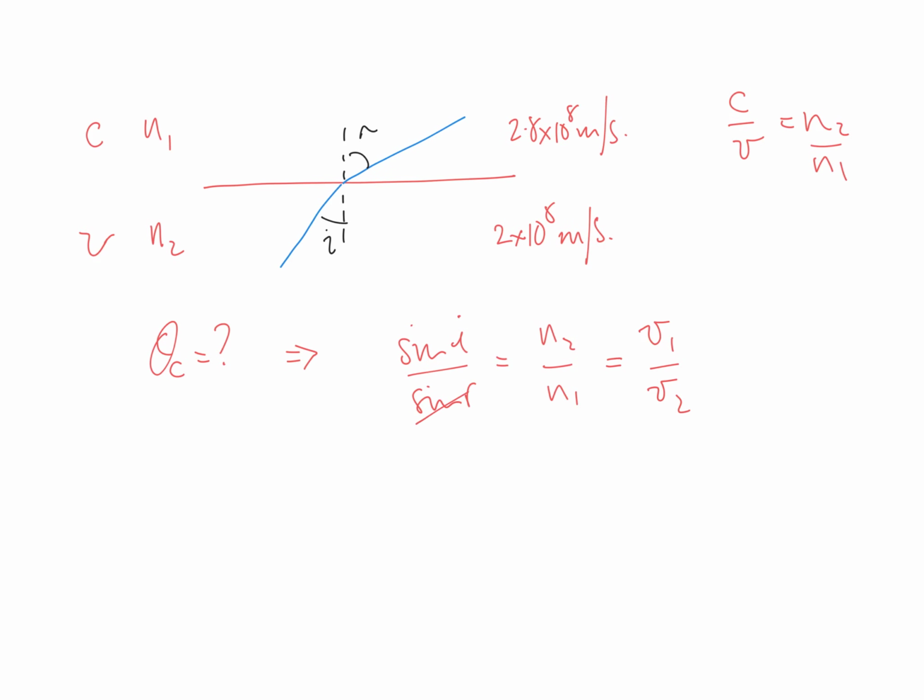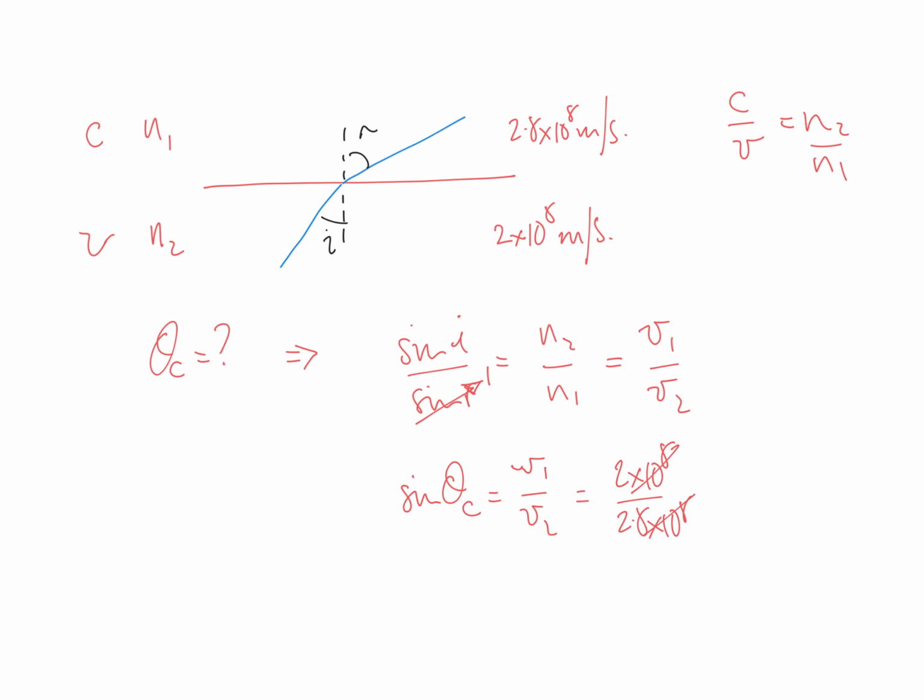Good. Again, I know the refracted angle will be 90 degrees, hence this becomes 1. So therefore that leaves me with sine theta critical is going to be v1 over v2, which is 2 times 10 to the 8 over 2.8 times 10 to the 8.